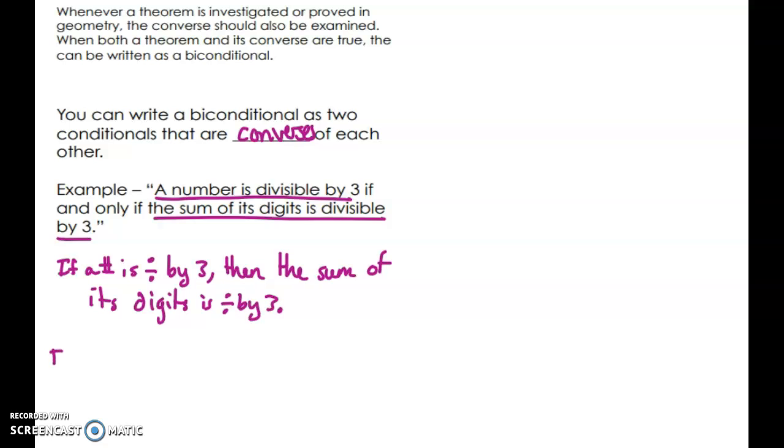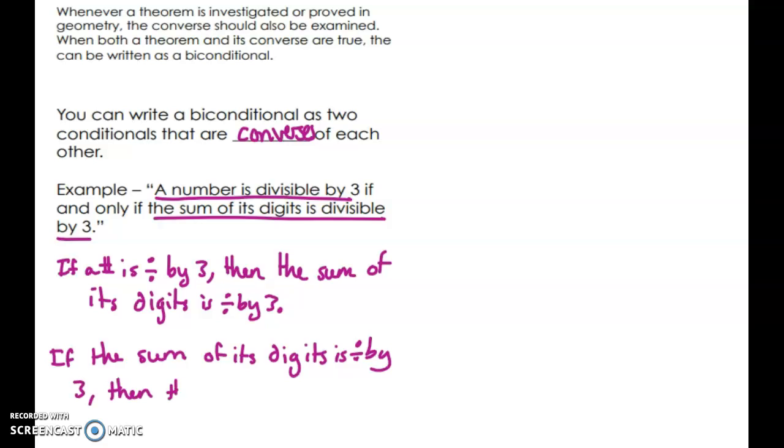So then the converse would be if the sum of its digits is divisible by 3, then the number is divisible by 3. So what this was showing was how you can take a biconditional and write it as an if-then statement and a converse, where the front flap was showing how you could take an if-then statement and a converse and combine it to be a biconditional. So it's just showing that it goes in both directions.